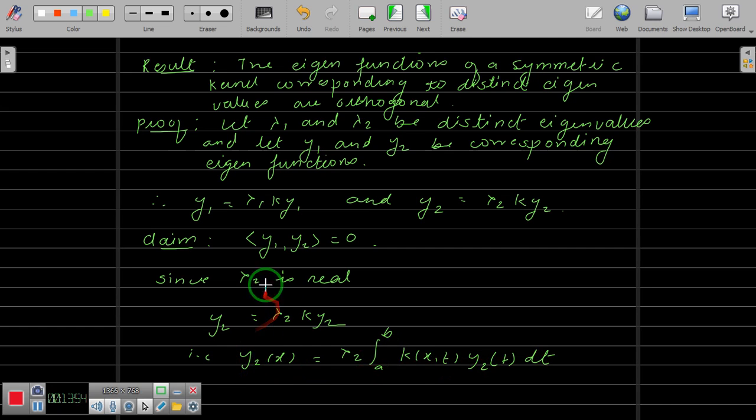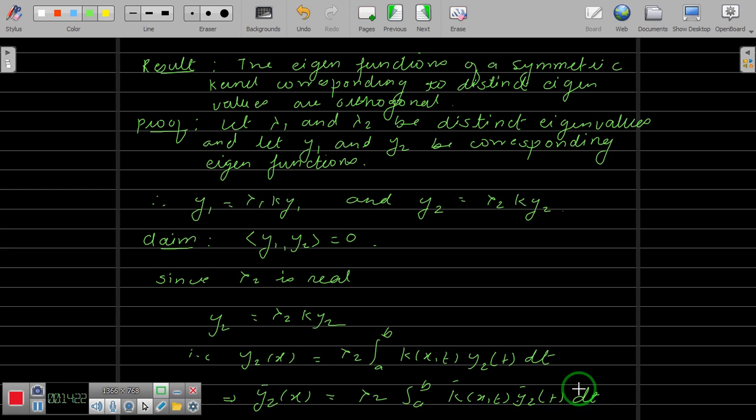When you take complex conjugate and lambda 2 is real, this implies y2 bar of x will be the same as lambda 2 integral a to b k bar of x comma t y2 bar of t dt.